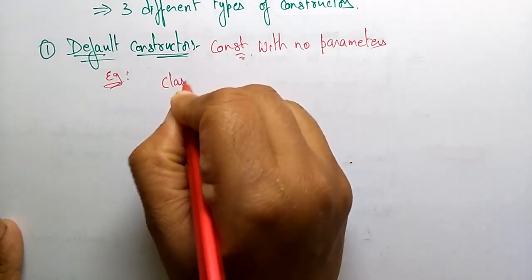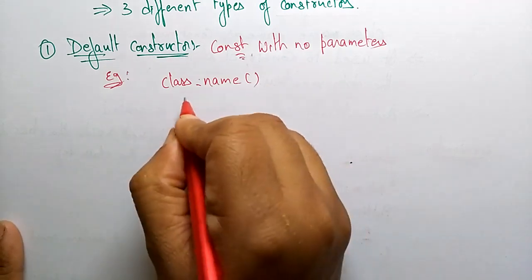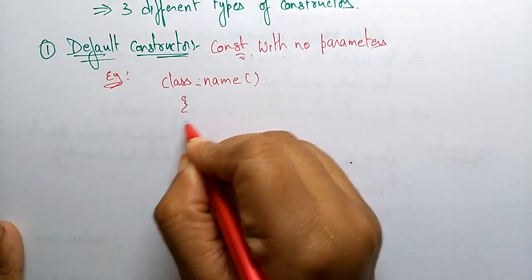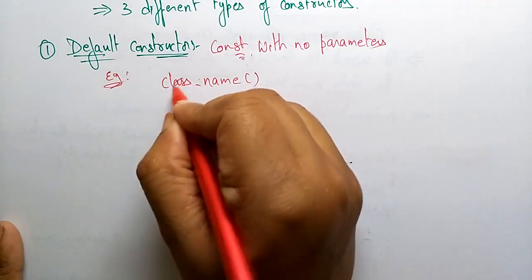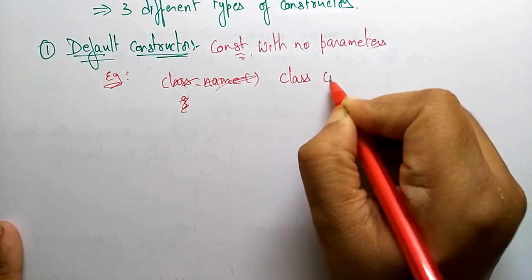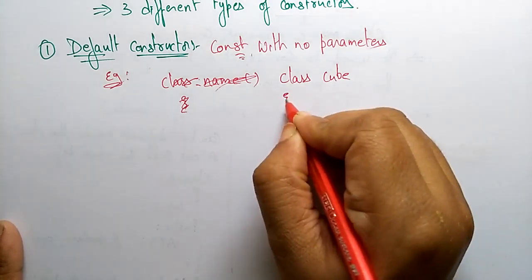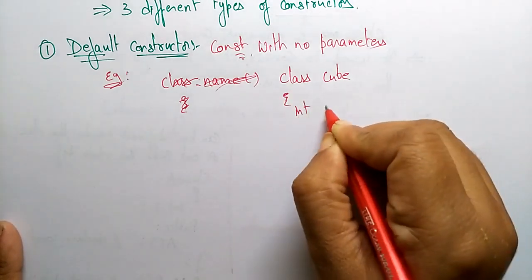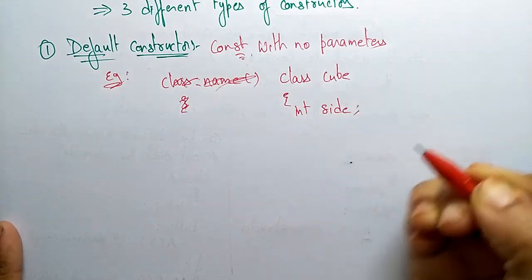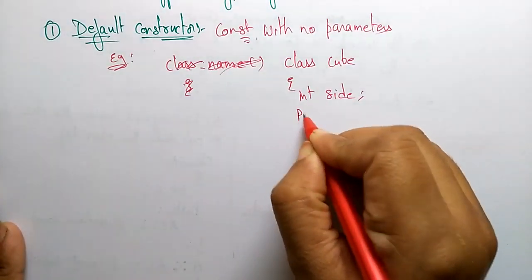Let us take the example class cube. Cube is the class name. Now int side is the data member with the data type int, public.